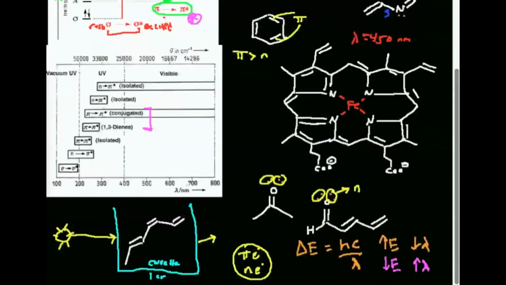And just remember that the difference in energy between those two states is equal to hc divided by the wavelength. That generally means that as you increase the energy, the wavelength of absorption goes down. As that energy gap decreases, the wavelength tends to go up. All right? And so that is the basic theory of UV-Vis spectroscopy.